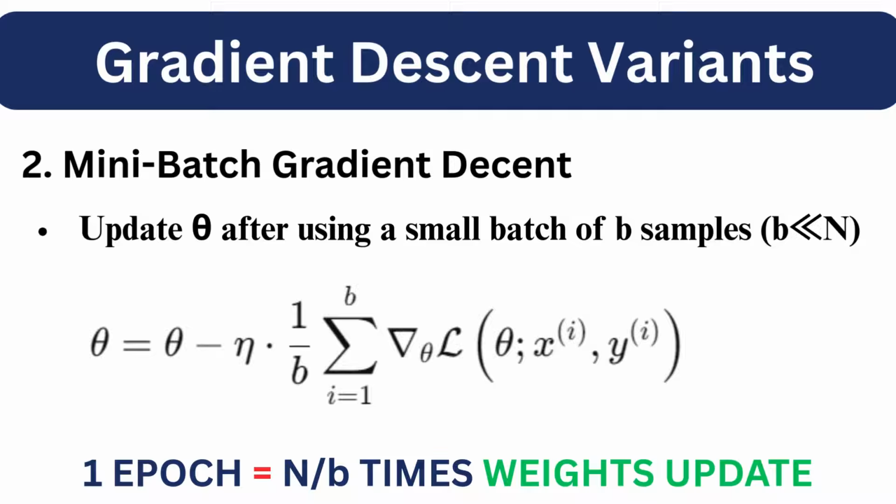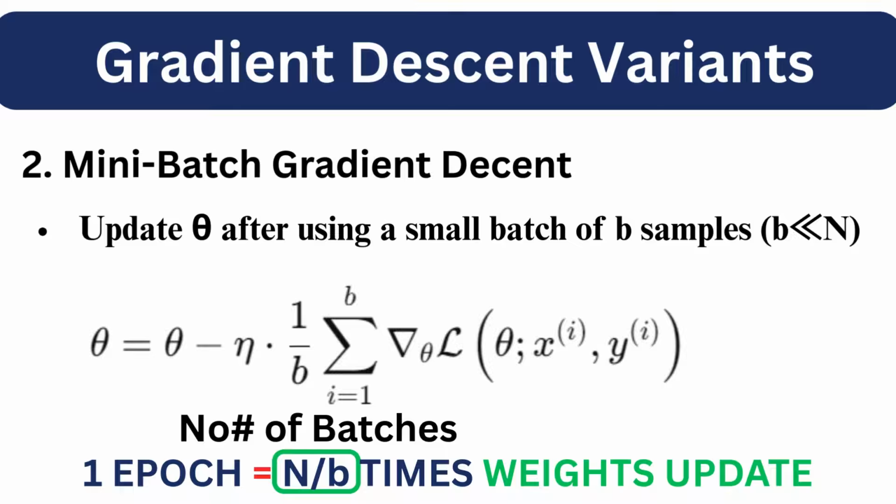So the parameters are updated after each batch. So in one epoch, weights will be updated n by b times. If we have 1000 examples and batch size is 100, then the weights will be updated 10 times in one epoch. This n by b is the number of batches.